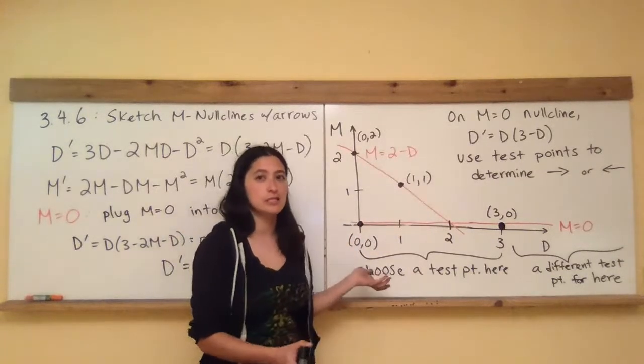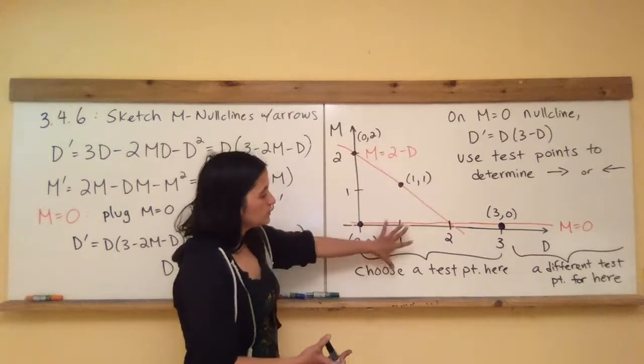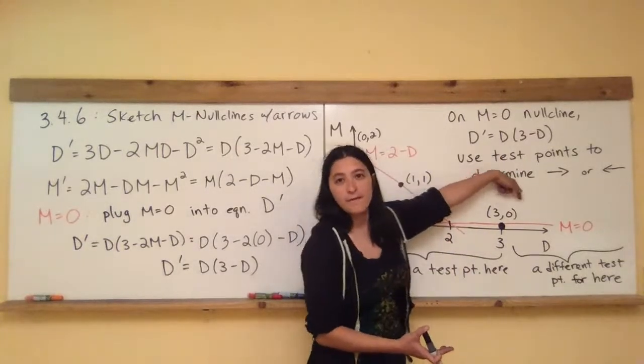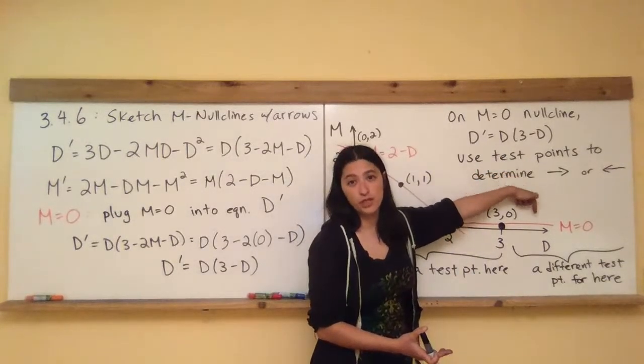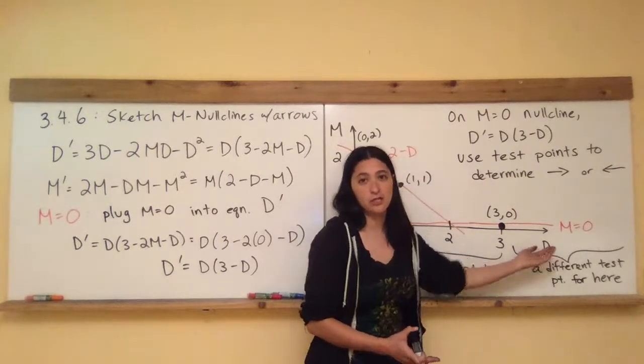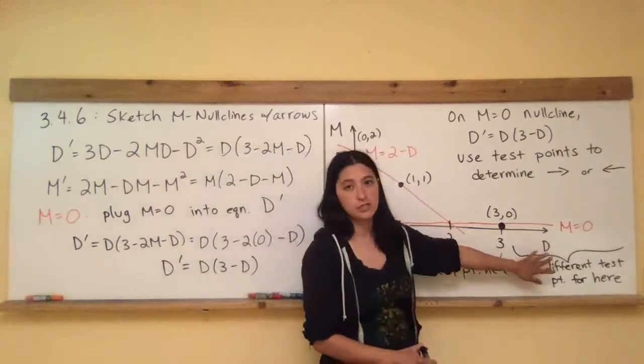Either I will conclude that D prime is positive, or I will conclude that it's negative. Once I leave this region and go to the other side of this fixed point, the behavior will be different over here. So that's why I have to pick a different test point for that region. Okay, so we'll start with region number 1, and then we'll go on to region number 2 over here.